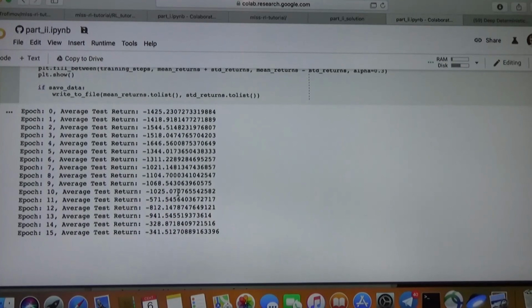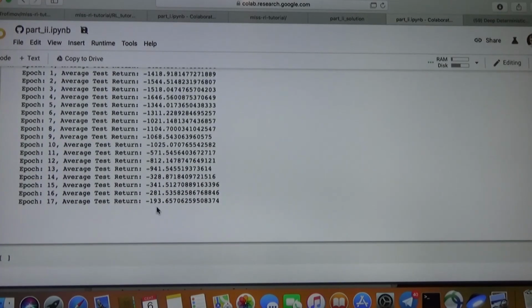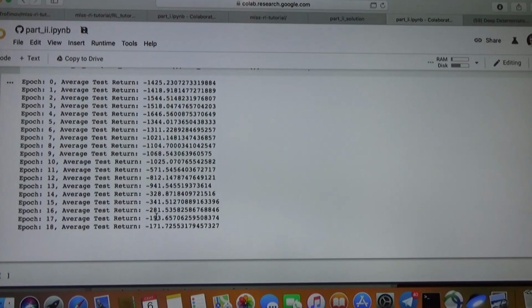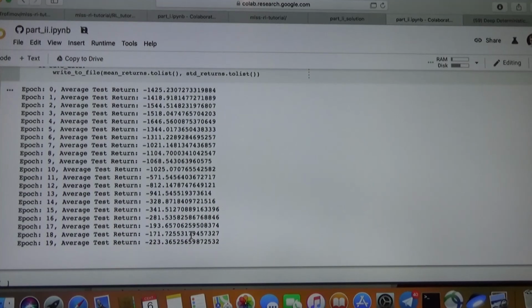Okay, so we see here that the average return does increase. So our agent learns something meaningful. It is quite close to zero, at least closer than in the beginning, in the first epoch.